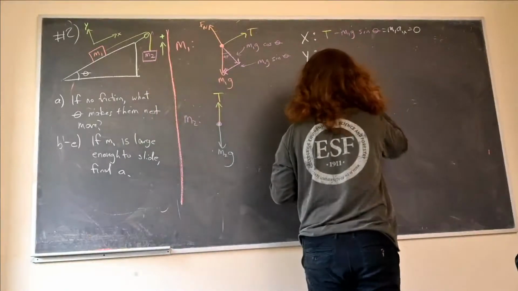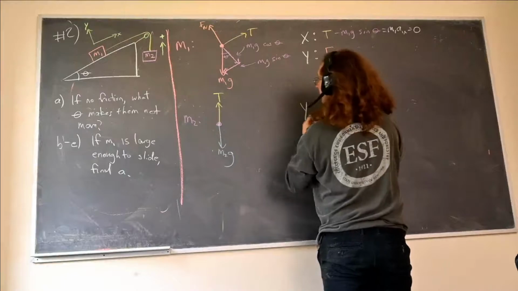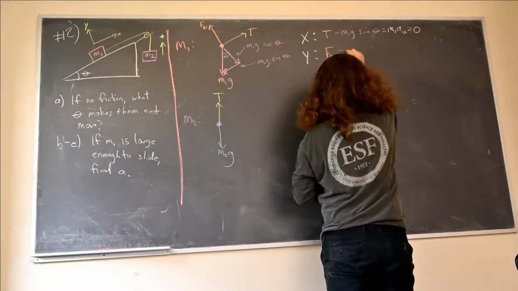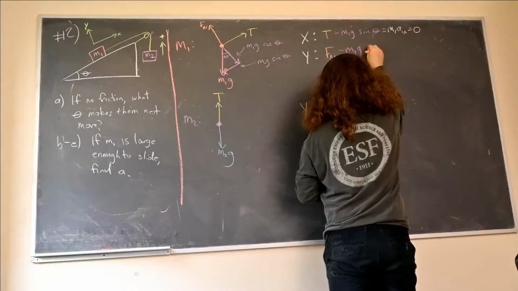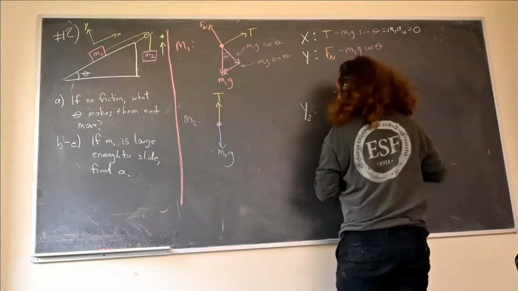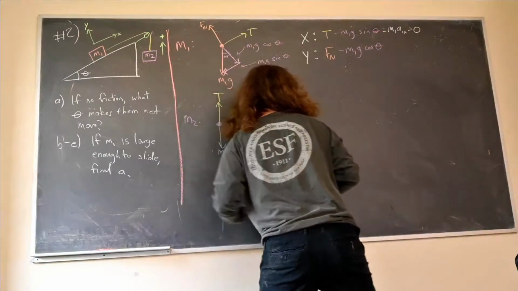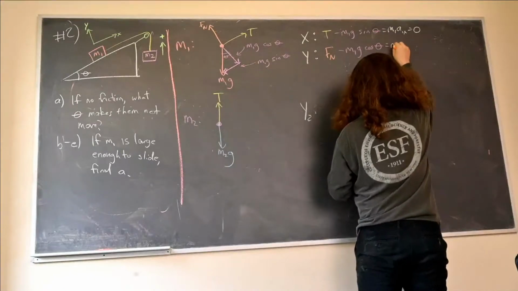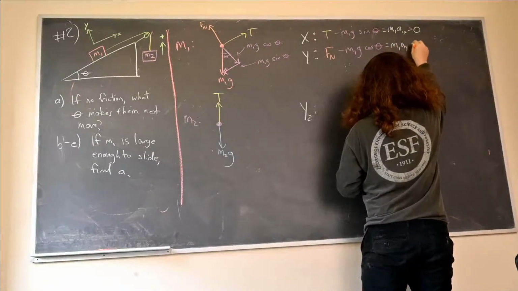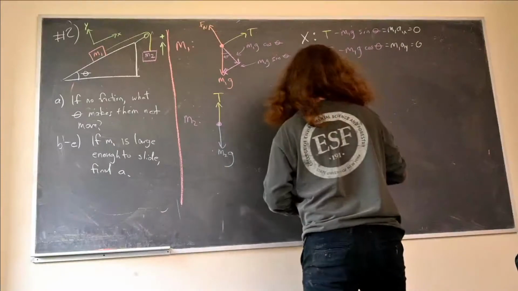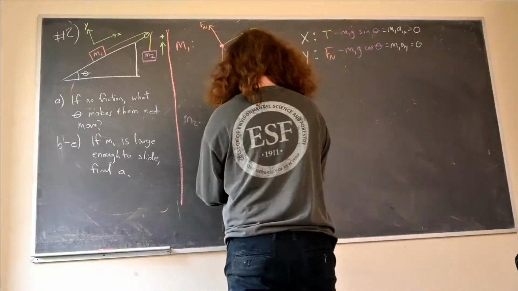Now, this is not really going to be interesting to me here. I will care about this once I need friction, but now I don't. It equals m1 a1y, which equals 0.